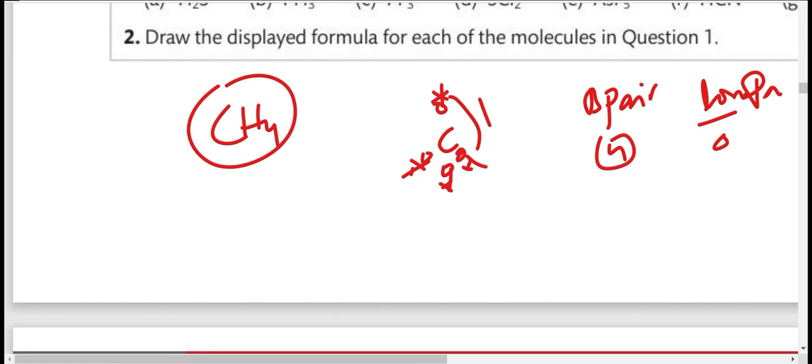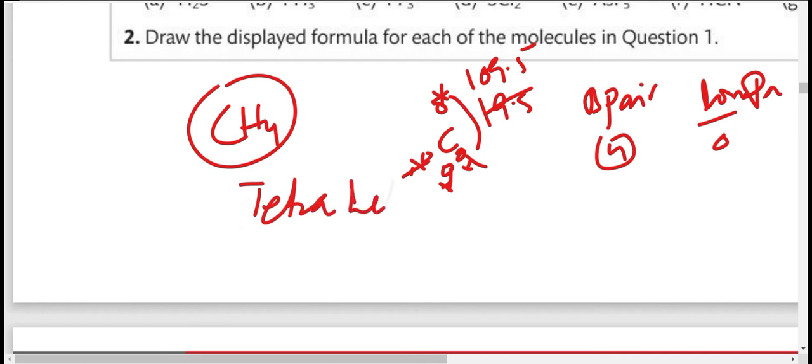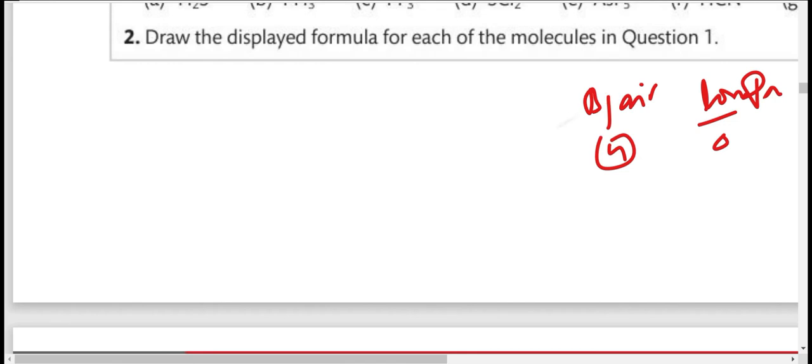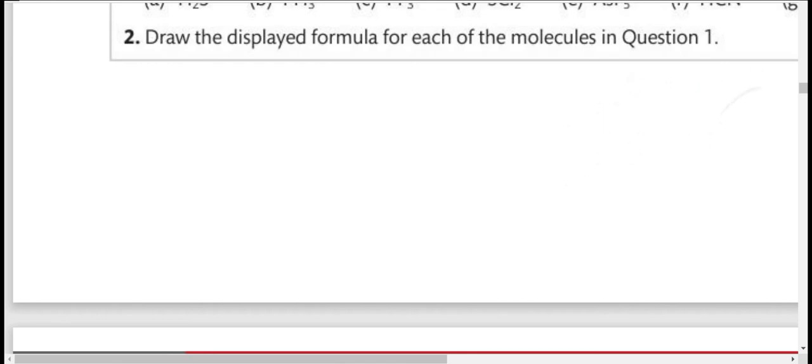This is my ideal structure. Bond angle is 109.5 degrees. Okay, and it is named as tetrahedral. Okay, that's the structure. Now, if I bring changes to this structure, I can go for some other structures. For example, one lone pair will cause a fall in the bond angle of 2.5 degrees.